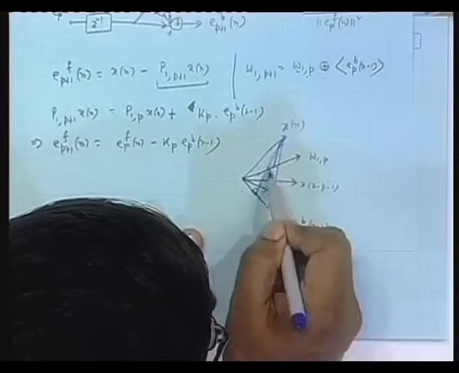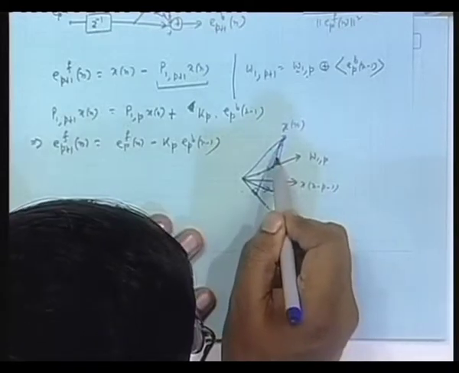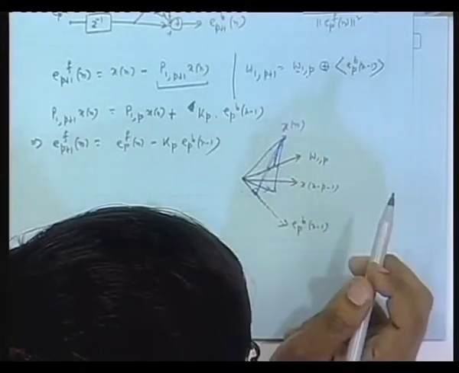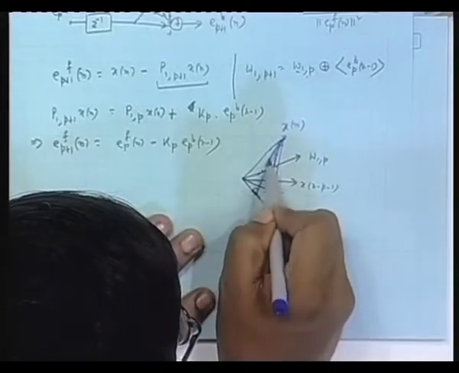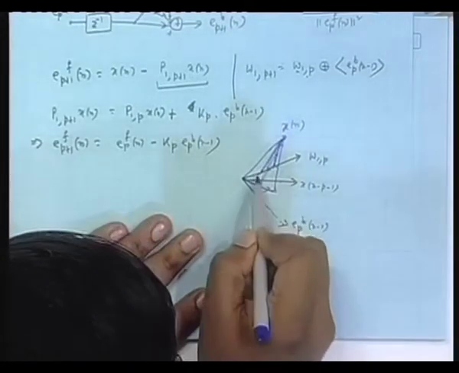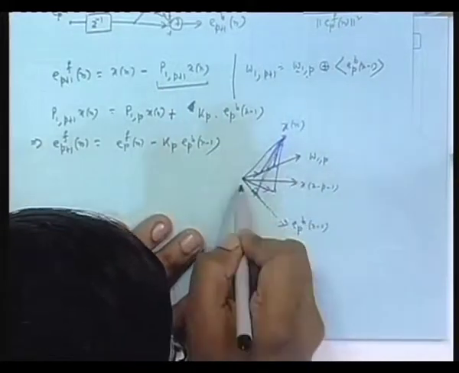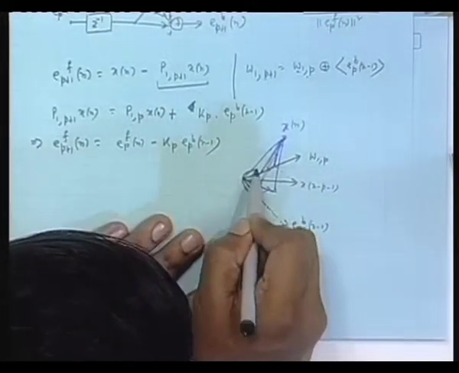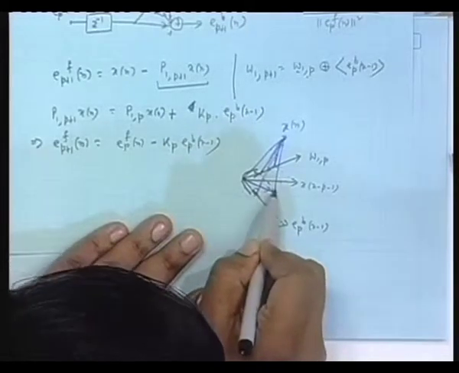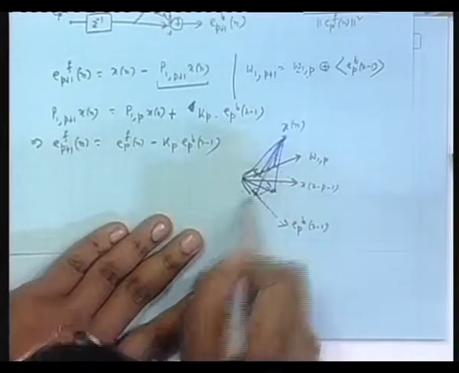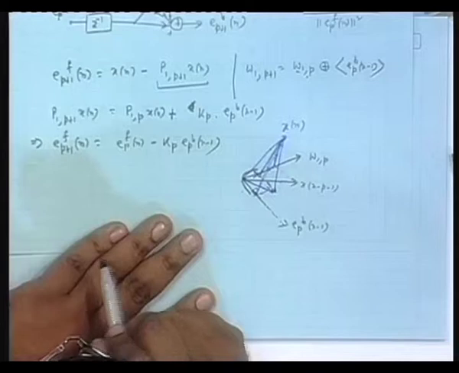Say here, suppose this is 90 degree, then these two projections added together will give you this much, isn't it? That is the projection.